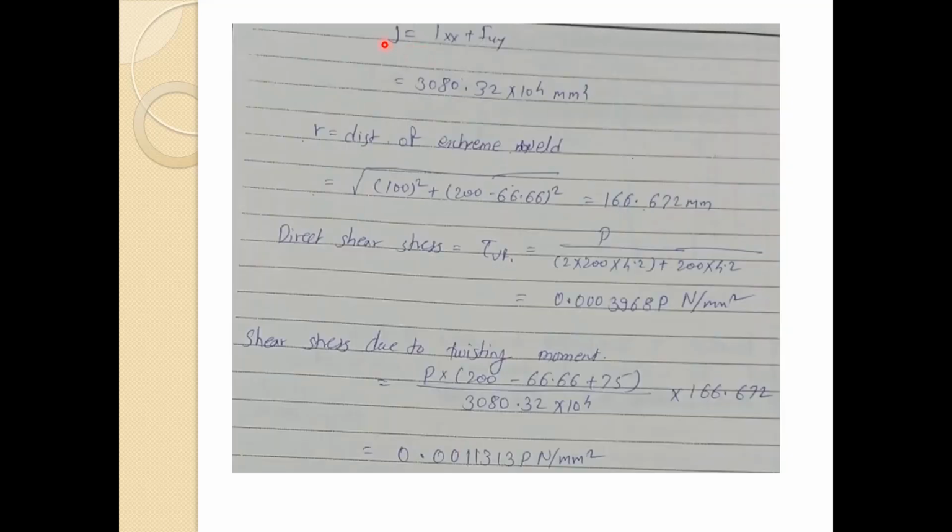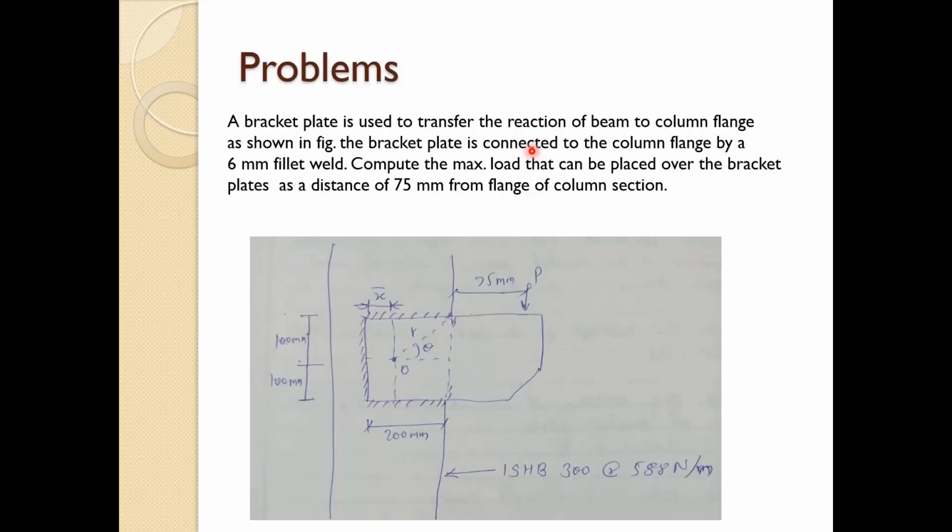Now by using perpendicular axis theorem, we are calculating the J, that is Izz. So Ixx plus Iyy, we are getting 3080.32 into 10 raised to 4. r is the distance of extreme weld. So here you can see, we know this is 100 and this is 200 minus 66.66. So by using Pythagoras theorem, we can get this r distance.